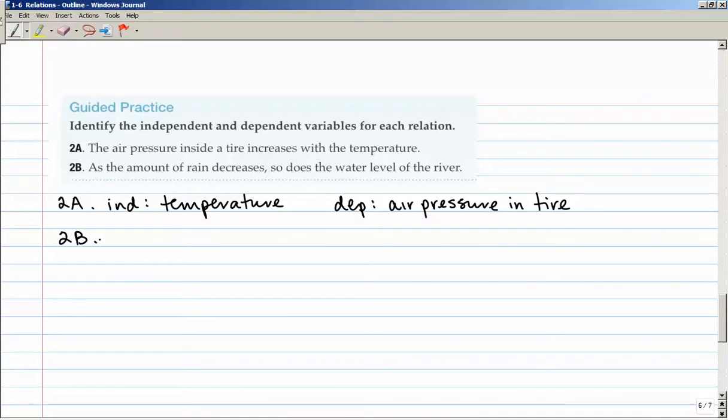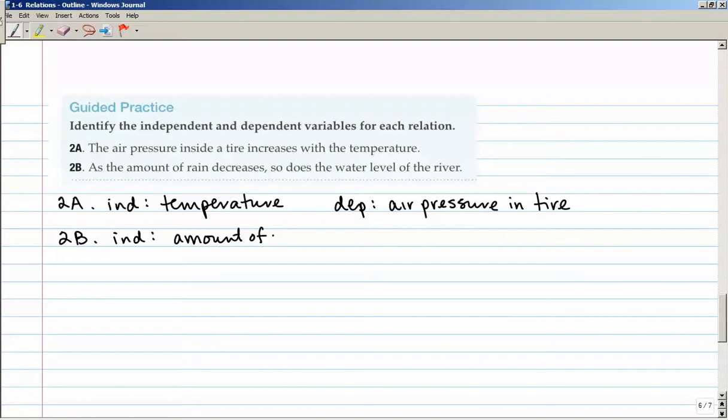For 2B, as the amount of rain decreases, so does the water level of the river. Think about what that's saying. If we get less rain, as we get less rain, the water level of the river goes down. So my independent variable, that which is going to change and is not affected by anything else, is the amount of rain that I receive.